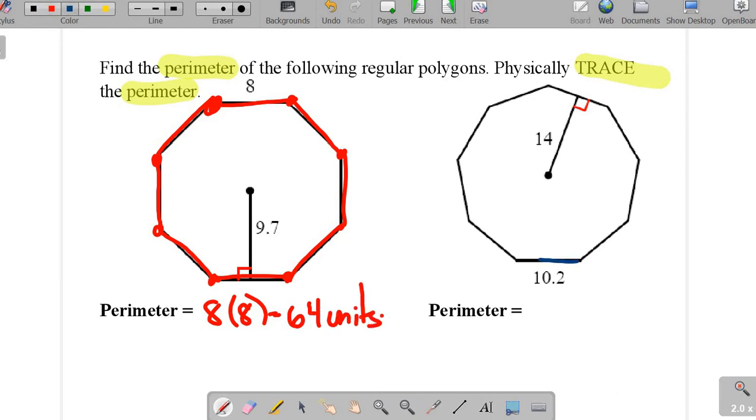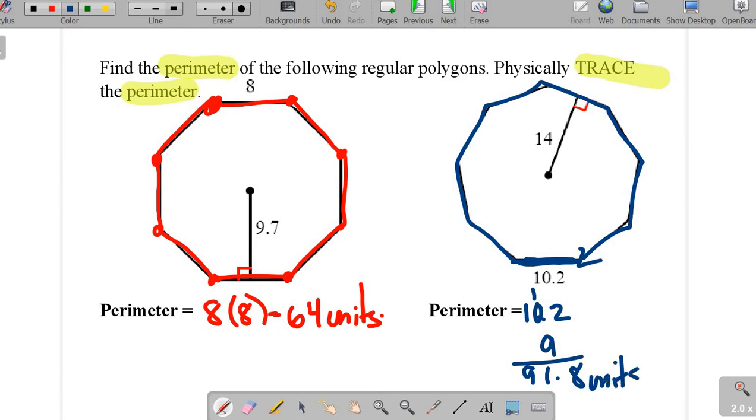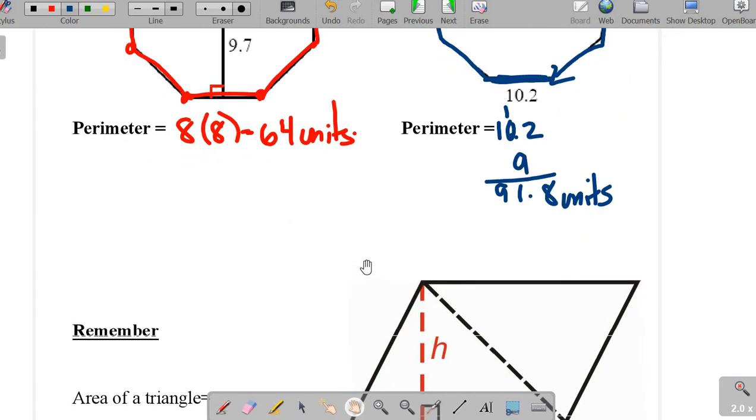Over here, trace. 1, 2, 3, 4, 5, 6, 7, 8, 9. So that's going to be 9 times 10.2. That's 18, carry the 1. That's a 0, that's a 1, and that's 9, so it's 91.8 units. Always physically trace your perimeter.